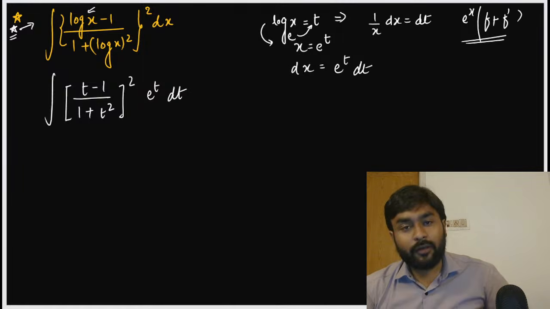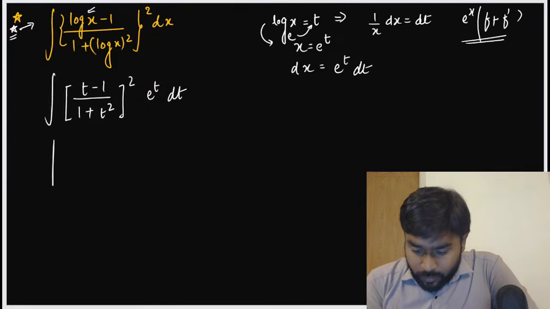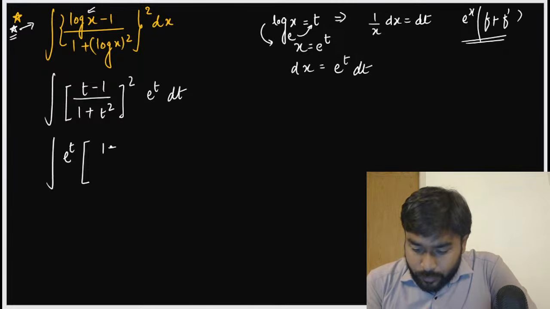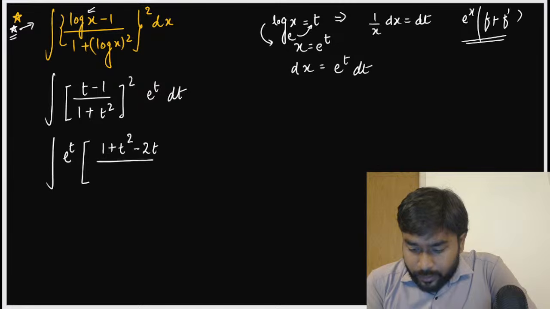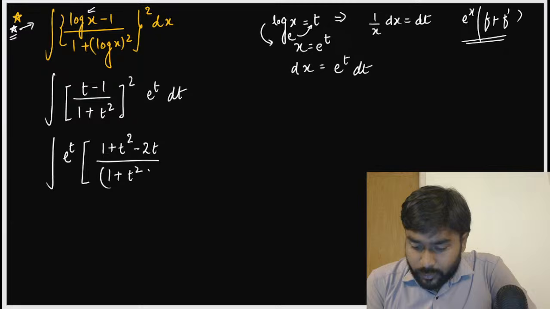Okay, so I will tell you after this also. First, this square we will open. Then what will happen? E power t outside. Here you can write t minus 1 whole square. T minus 1 whole square is what? 1 plus t square minus 2t. Correct? And in denominator you can write 1 plus t square whole square.